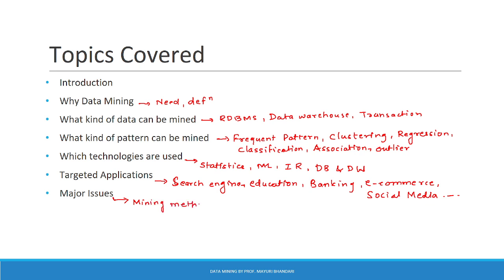Okay, I will write here. Mining methodologies. Then diversity of database types, efficiency and scalability, user interaction. Diversity of data, I have written here. Something was there at the last. What was the last one? Security? No, ma'am, it wasn't security. There was something at the end. I also forgot. Was it visualization?